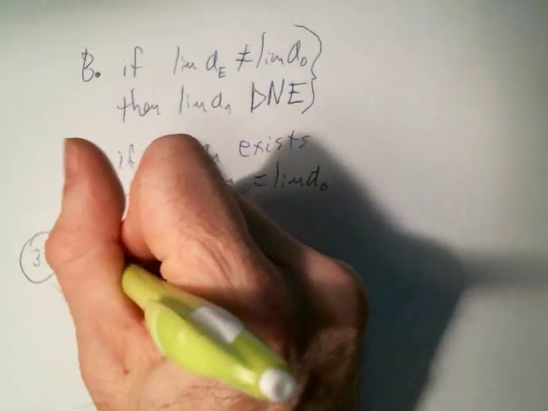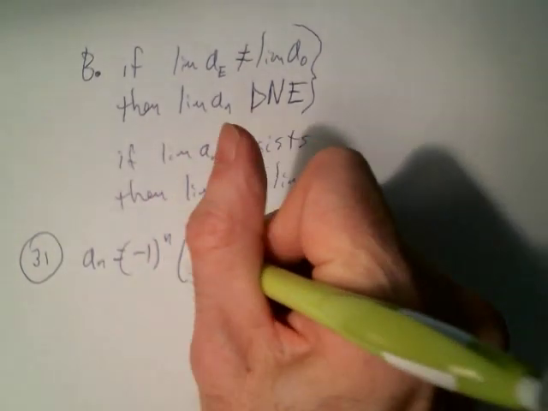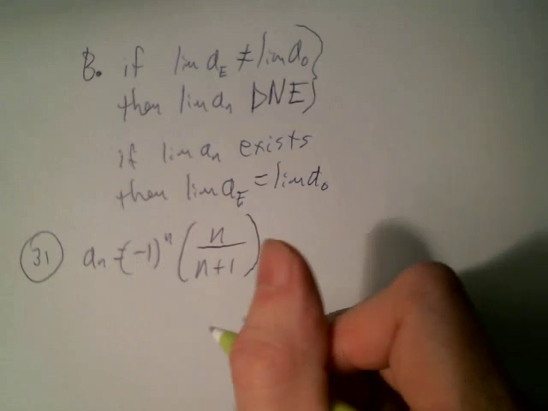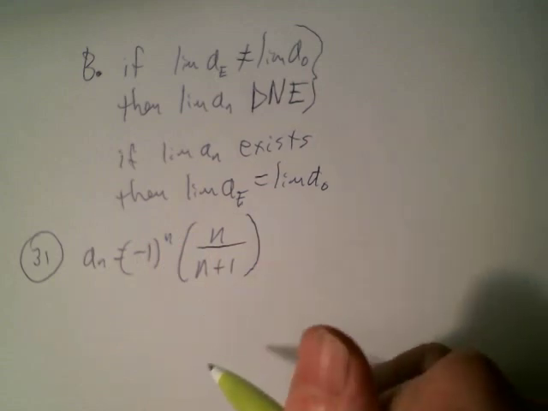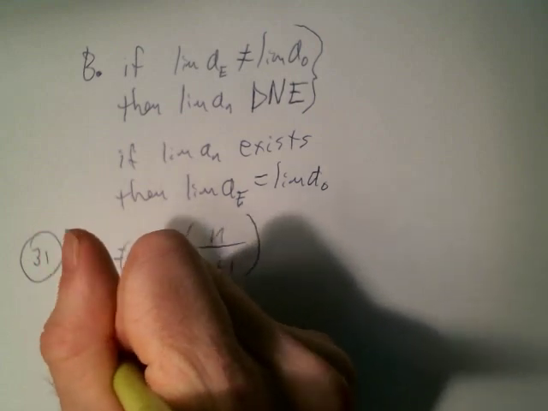31, we have a sub n is given as -1 to the n times n over n plus 1. So we want to know the limit of this sequence as n goes to infinity, and we can investigate it just by looking at some of the terms, right?